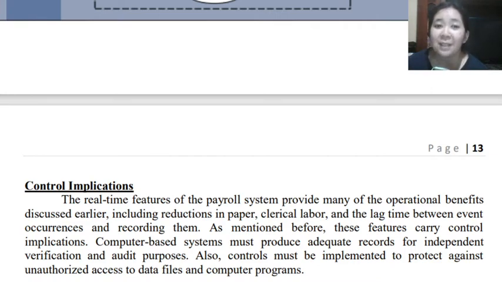Computer-based systems must produce adequate records for independent verification and audit purposes. Also, controls must be implemented to protect against unauthorized access to data files and computer programs. That's why internal control is very important, so that the occurrence of error and especially fraud will be prevented or avoided. Okay, so those are for the physical concepts or system of our payroll system.